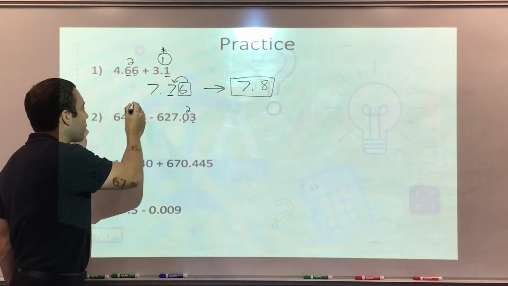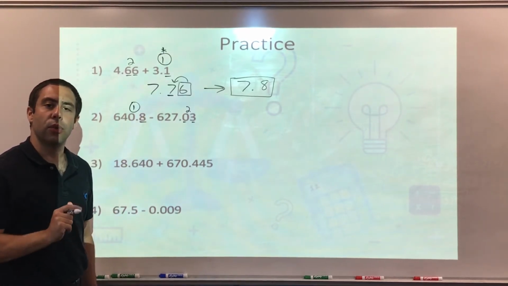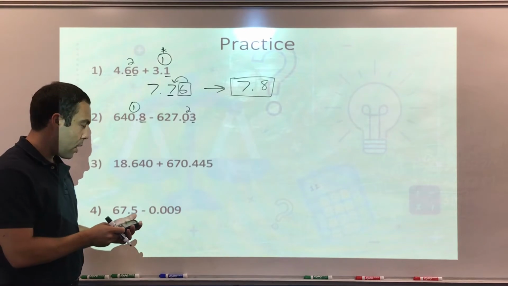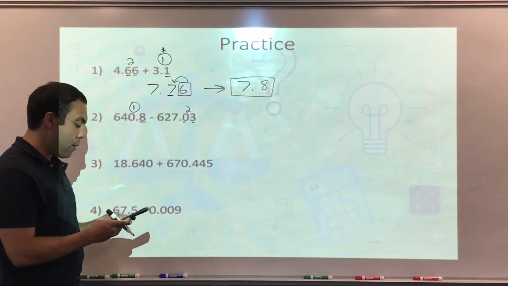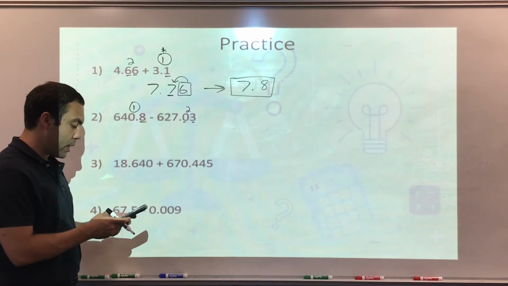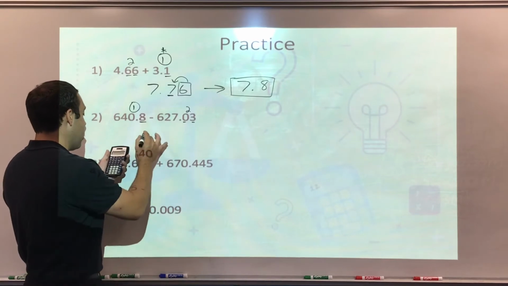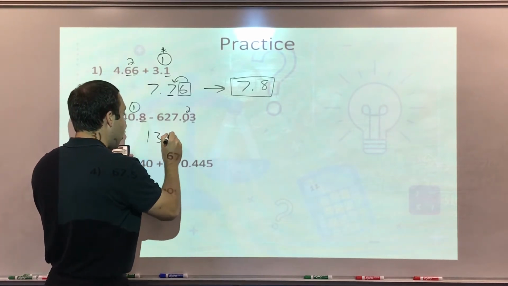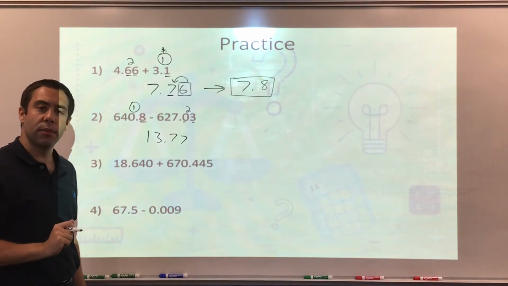Once again, 1 is less than 2, so our final answer will be rounded to 1 decimal place. Step 2, perform our mathematical operation. 640.8 minus 627.03. Enter. Write down every number in your calculator. 13.77.